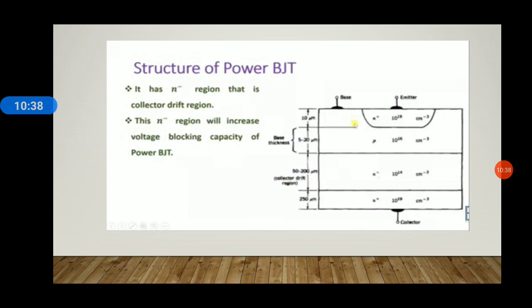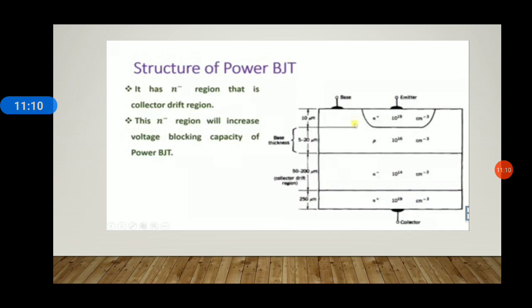Now, as mentioned before, in power diode, this layer, the base layer, has to be wide in order to have a higher breakdown voltage. Previously, in low power BJT, the base region used to be small, because we know the recombination has to be less.